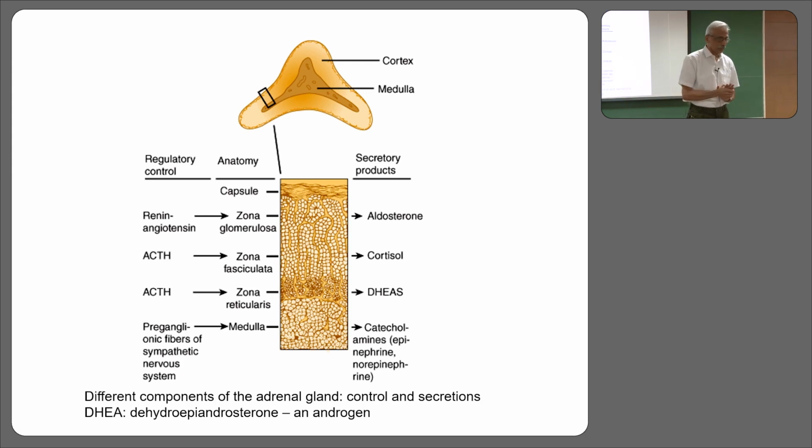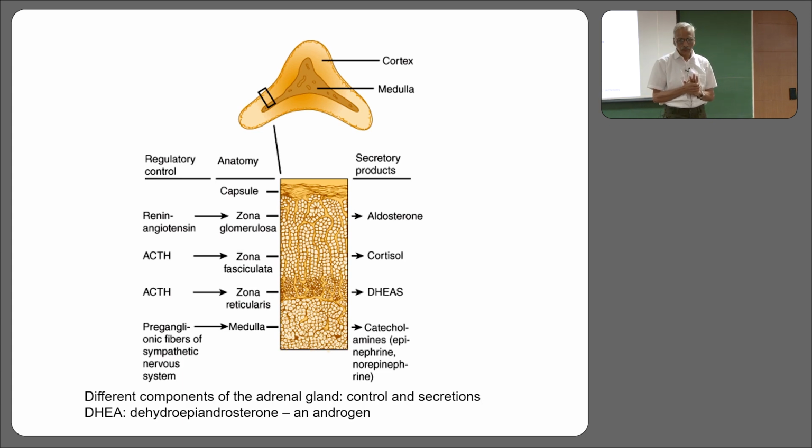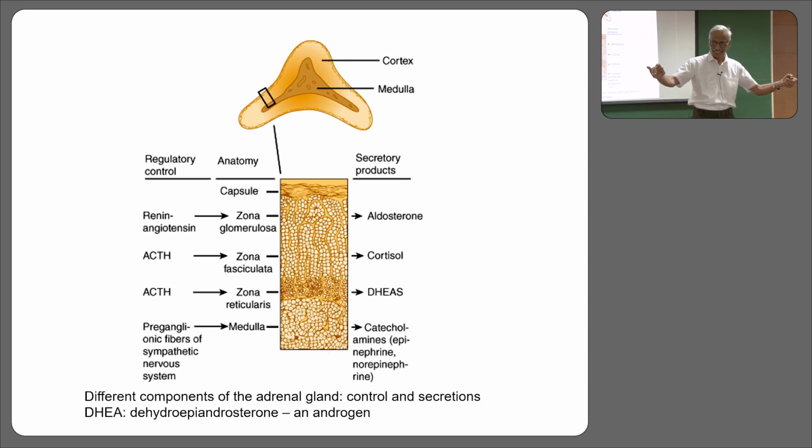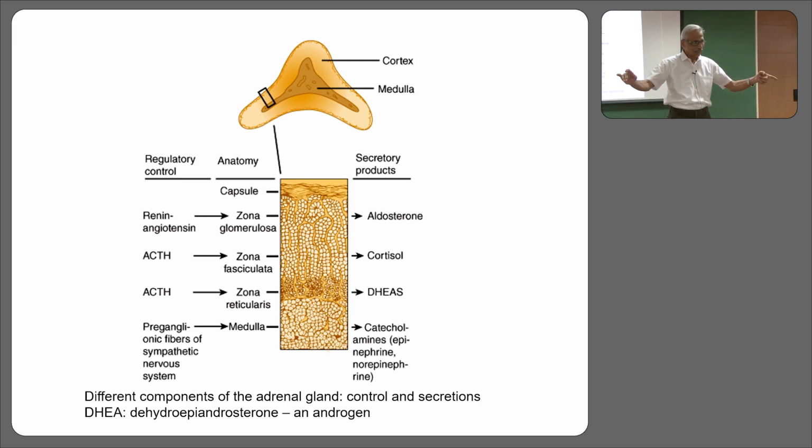For example, there is another steroid hormone called corticosterone. What did I say? Corticosterone. Whereas in humans and in mice, cortisol is the very important glucocorticoid, in rat it is corticosterone and not cortisol.